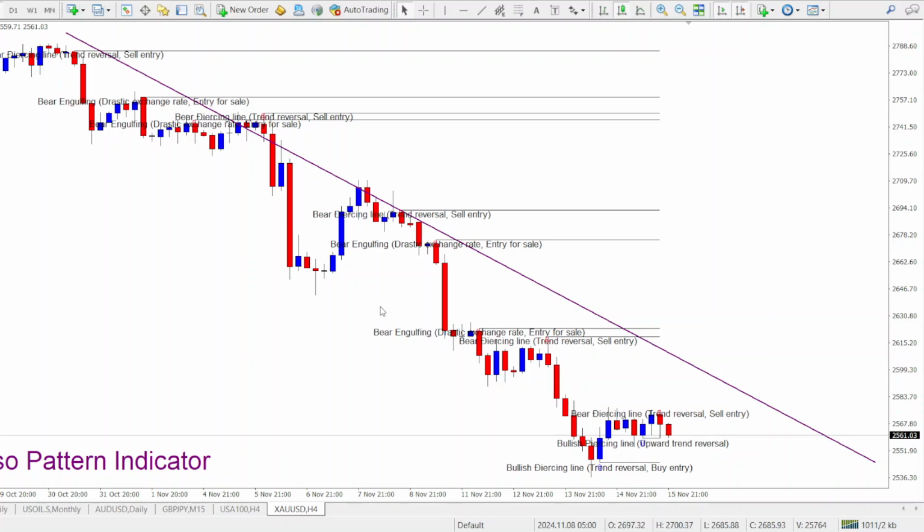All right, so this pattern indicator is quite interesting. As a newbie, the indicator can even help you to learn about some candlestick patterns, because the indicator will show you what the name of that candlestick pattern is. So even if you do not have prior knowledge of such candlestick patterns, the indicator can actually show you how that candlestick pattern looks, because as you can see, there is a label, right?